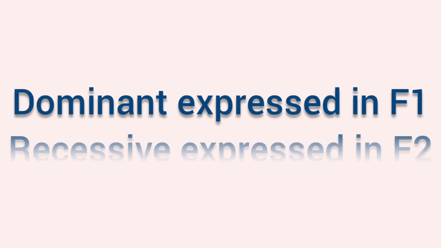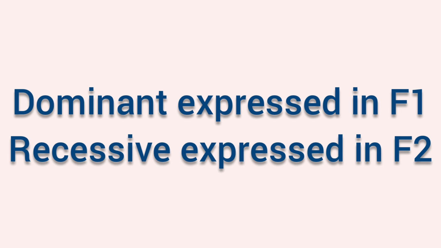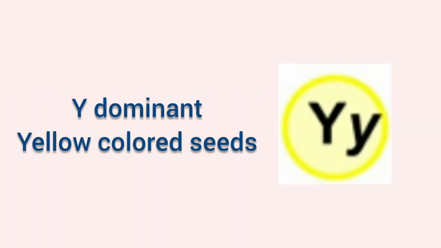The trait which gets expressed in the F1 generation is called the dominant. The one which is not expressed in the F1 generation is called the recessive. Example: if capital Y factor and small y factor come together, the capital Y factor will dominate. Then the pea seeds will always be yellow in color.